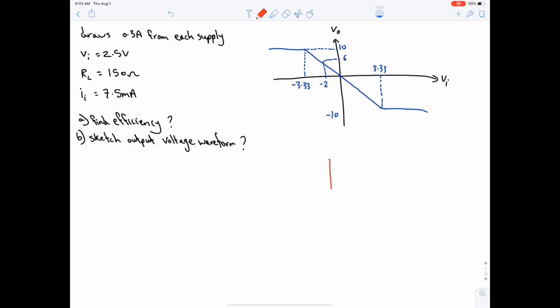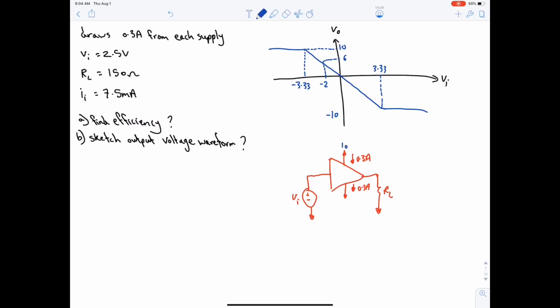So let's do a sketch. We usually have V input in here. Okay, we have a resistance RL and we have the supplies. What's the current on the supplies? It's 0.3 ampere. Okay, what are the saturation limits?